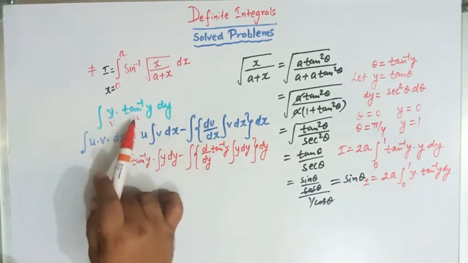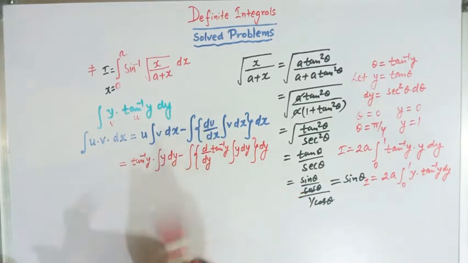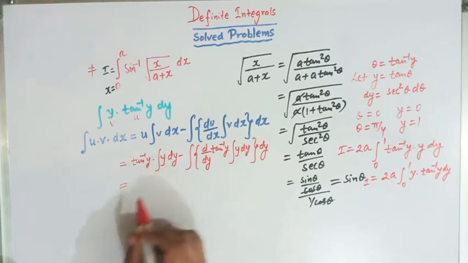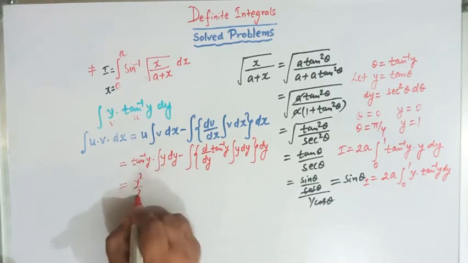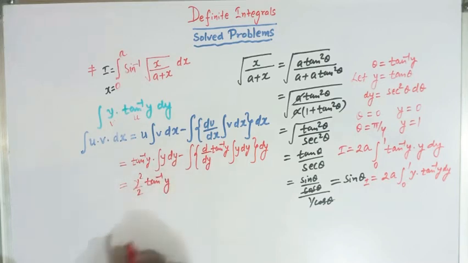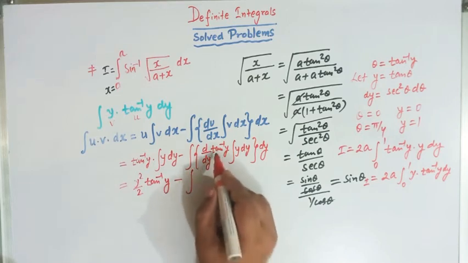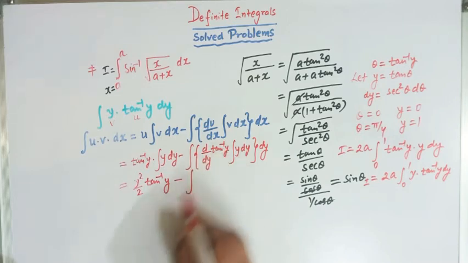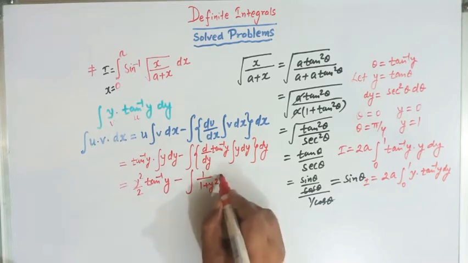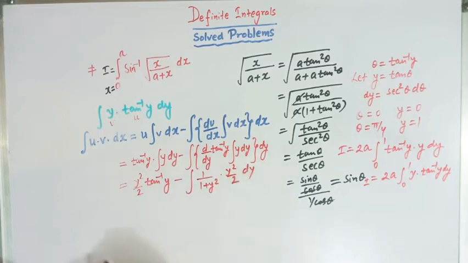So substituting the value of u and v, we have this expression. Now the integral of y is y square by 2, and here we have tan inverse y minus integral, here we have the derivative of tan inverse y is 1 over 1 plus y square, and here we have y square by 2 dy, right?